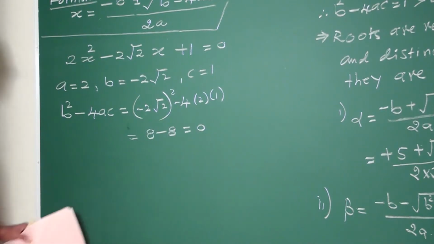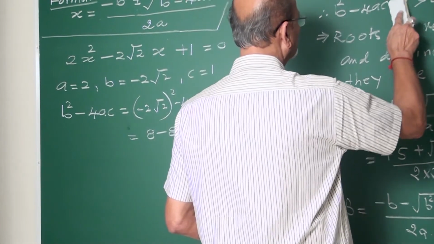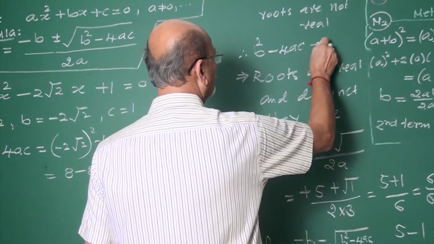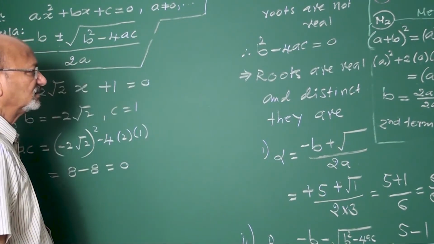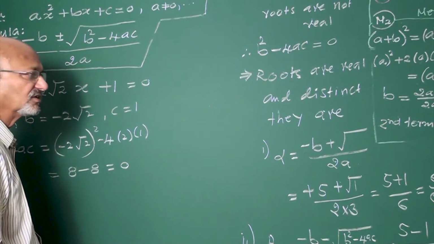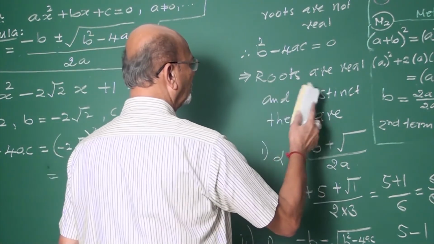Therefore, my friend, B square minus 4AC equal to 0. B square minus 4AC equal to 0 implies roots are real and equal. In this case, roots are real and equal.